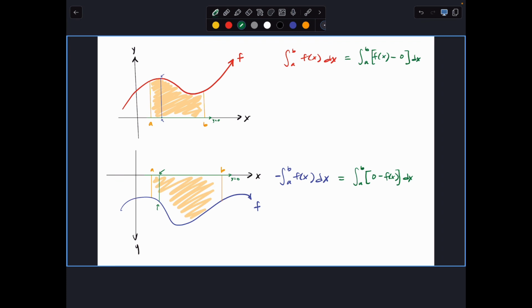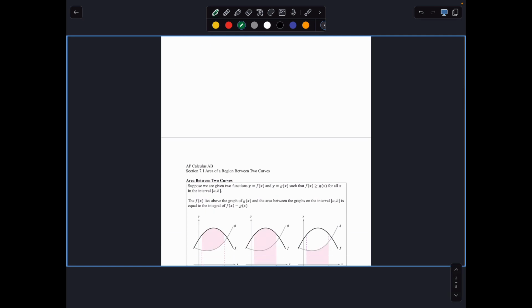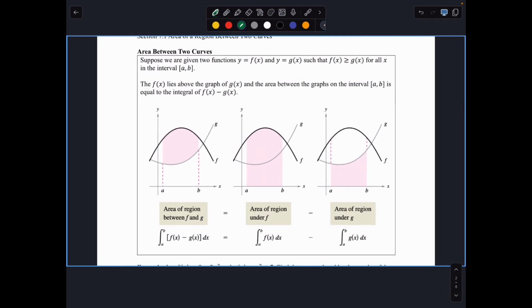And that top function minus bottom function gives you the height of each of the infinitely many rectangles. Are we okay with that?